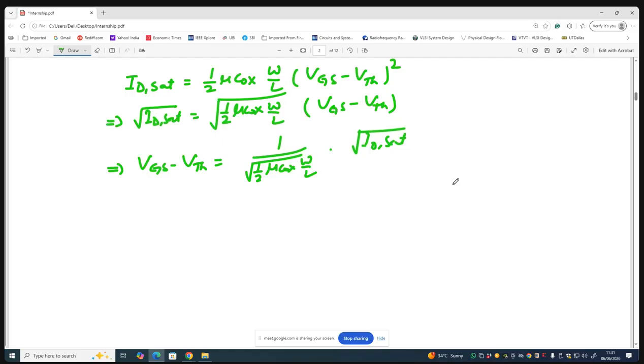We always make such approximations. As an engineer, we always look for a trade-off between the computational complexity and the accuracy. So we make approximations to simplify the calculation while not compromising the accuracy too much.